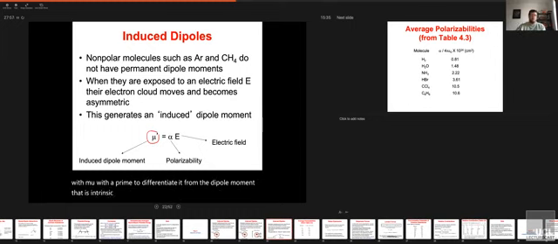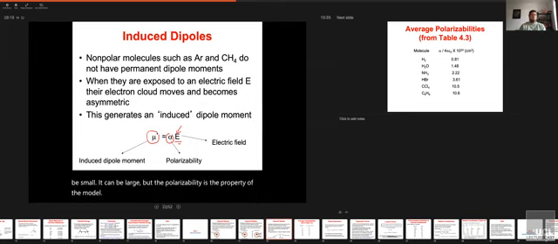We multiply the polarizability, which is a property of the molecule, times the applied electric field. The electric field is something that you apply from the outside, so it can be small or large, but the polarizability is the property of the molecule.